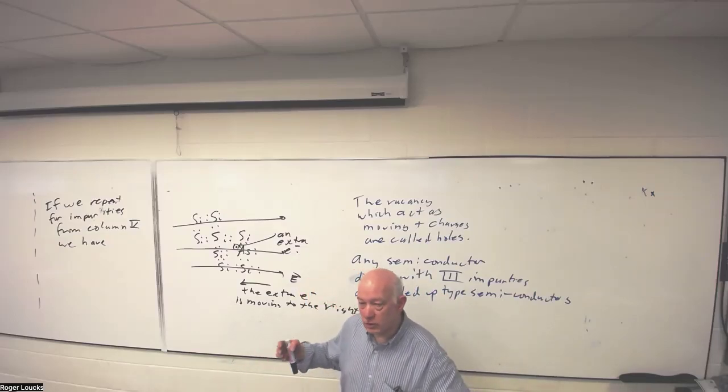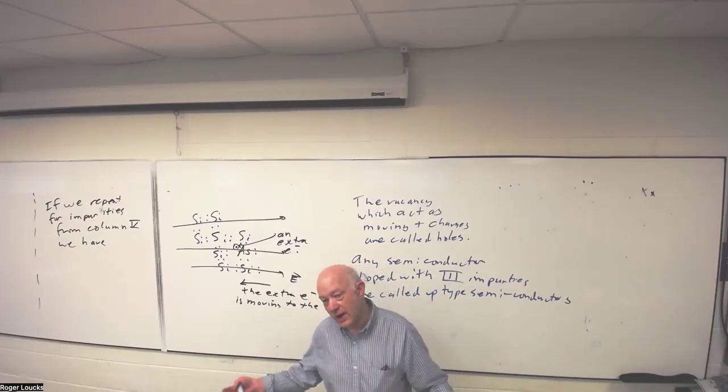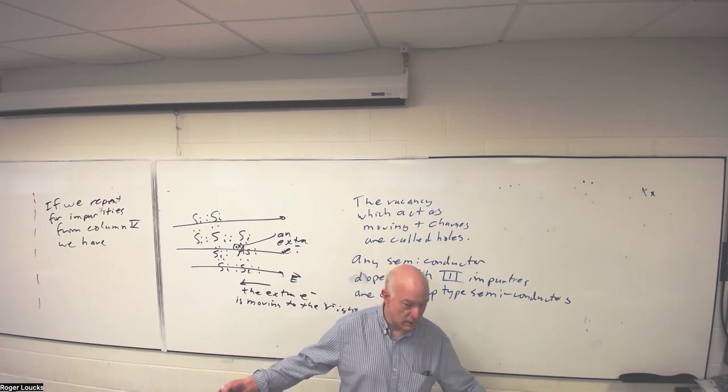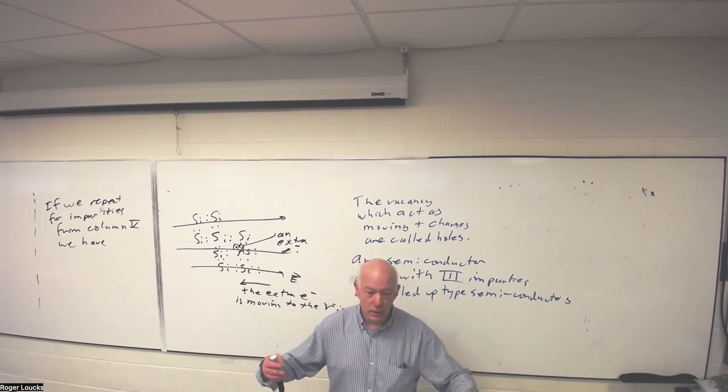So anything you dope with column 5 elements, since the charge carriers are going to be negative, are going to be called n-type semiconductors.